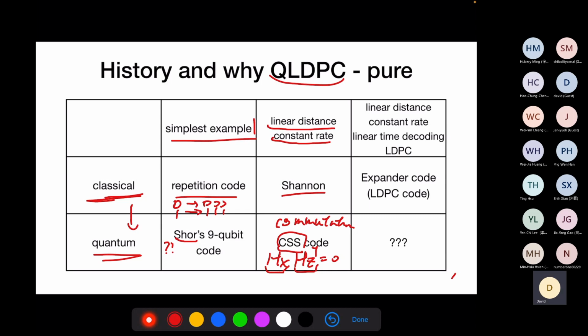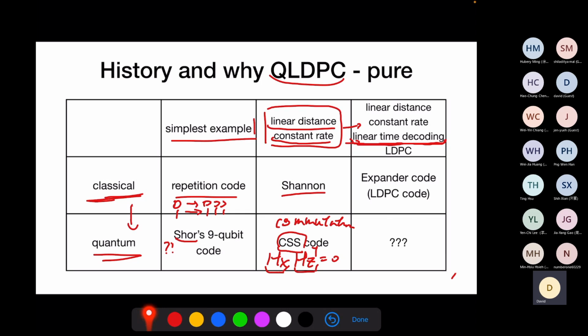There are many other generalizations of the task one can consider, and one of them is to achieve really fast decoding. Previously, I only cared about having large distance and a large number of encoded qubits, but I didn't say anything about the decoding time. Often we want it to be as fast as possible, and linear is the best. So the next task is, could there exist a classical code that has linear distance, constant rate, and also linear time decoding?